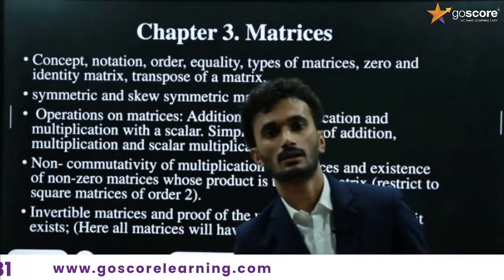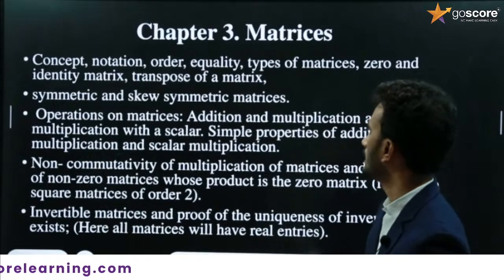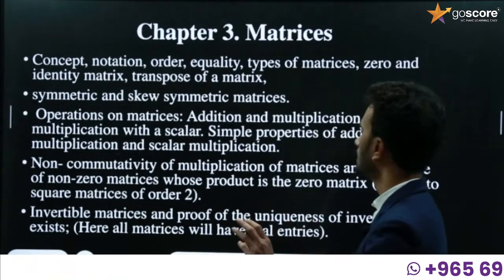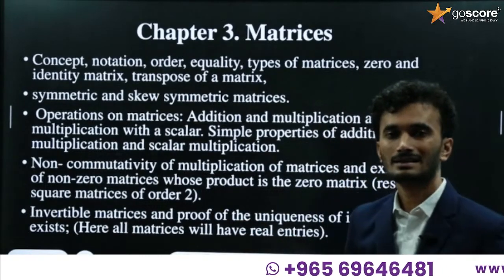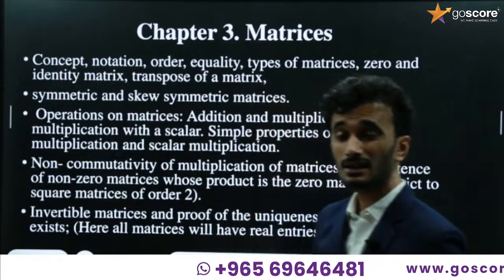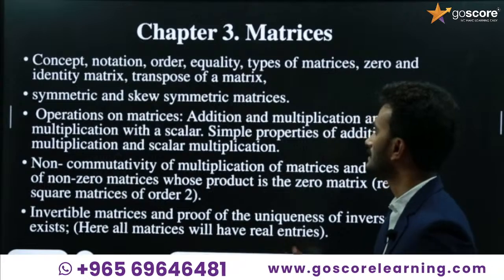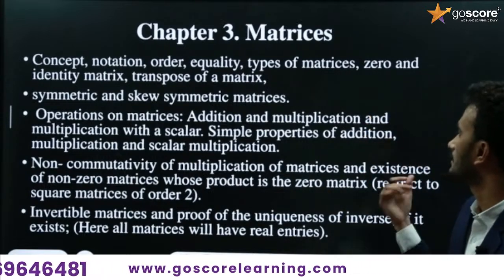It means capital letters are used for matrix denotation. Then order of the matrix, equality of matrices, types of matrices. That means column matrix, row matrix, square matrix, diagonal matrix, scalar matrix, identity matrix, and last one zero or null matrix. Then we discussed various types of problems related to equality of matrices and types of matrices.